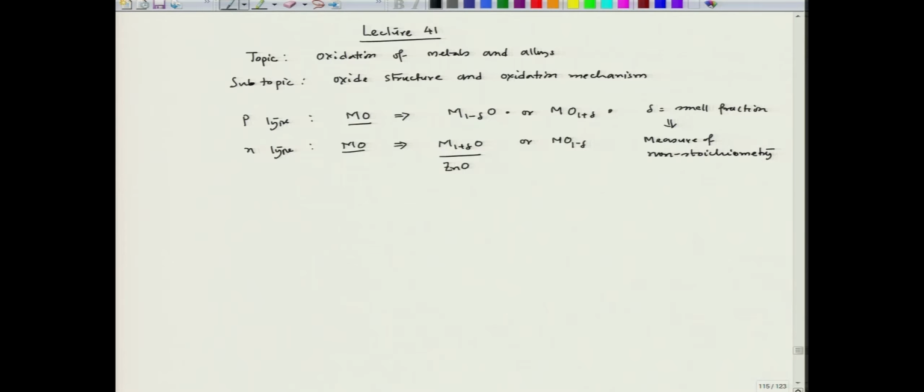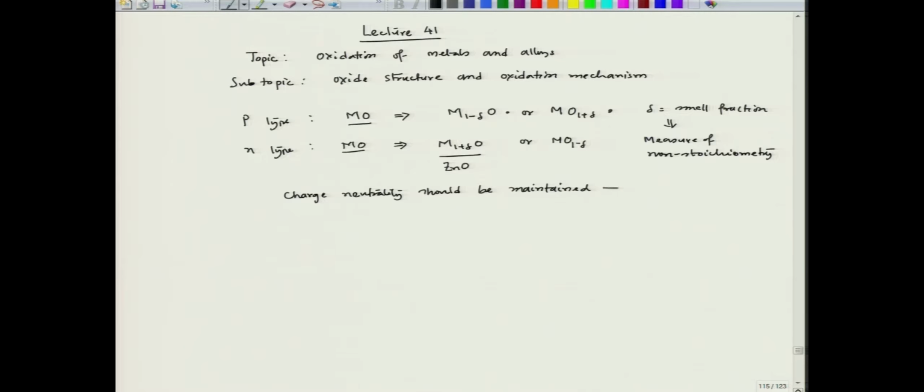The concept is that charge neutrality should be maintained, whether it is metal deficient, metal excess, oxygen deficient or oxygen excess; the oxide should be neutral.